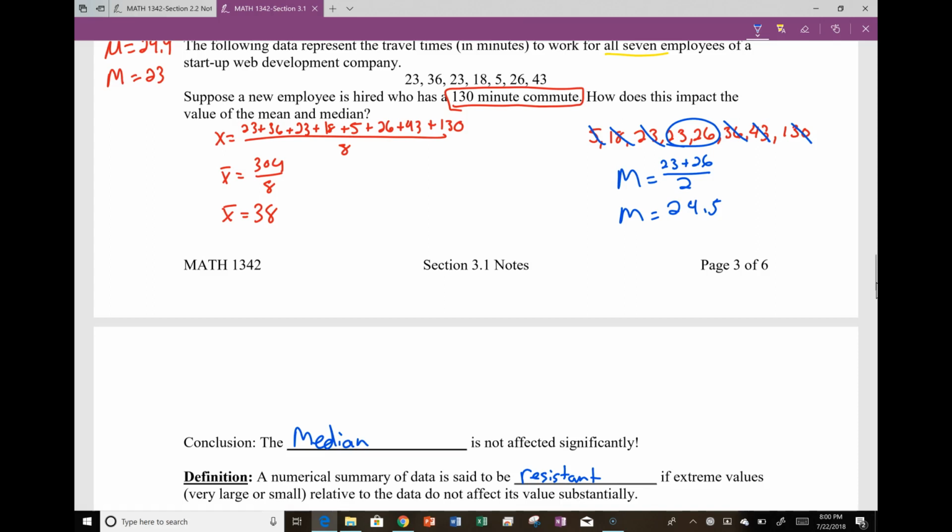Mean is not resistant. Median, on the other hand, is resistant. It only takes into account the middle two numbers. I could add a number down here and a number up here, a number down here and a number up here. It wouldn't matter. My median would still be the same because it's only looking at those two middle numbers.